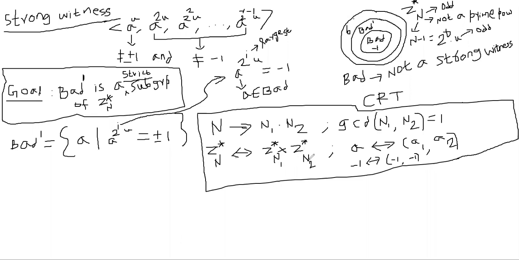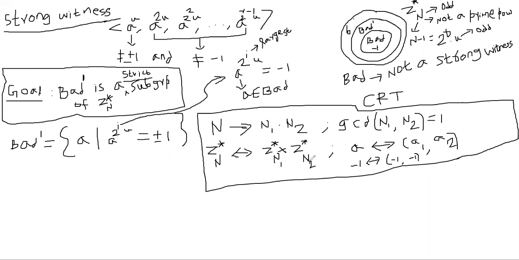That's because of the Chinese remainder theorem we talked about earlier. So if we take an element A in Z star n, we can map it to an element A1 in Z star n1, A2 in Z star n2. Now I leave this as homework for you to show that -1 maps to (-1, -1). This is easy to prove.